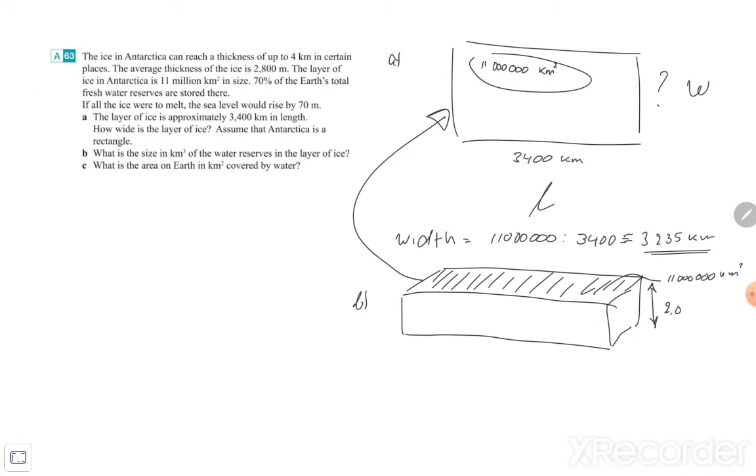So 2.8 kilometers. Now to calculate the volume, we need to do the area of the base times the height. So it is 11 million times the 2.8.